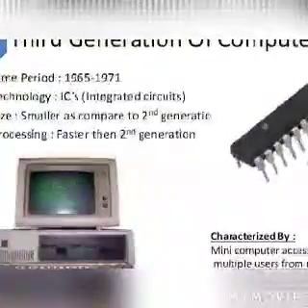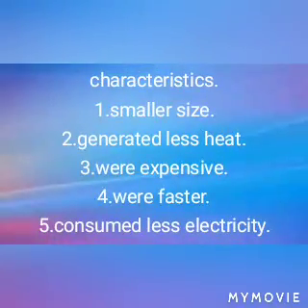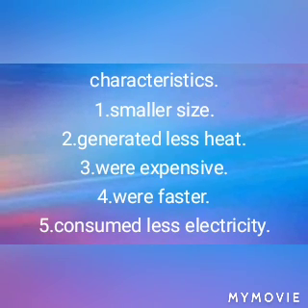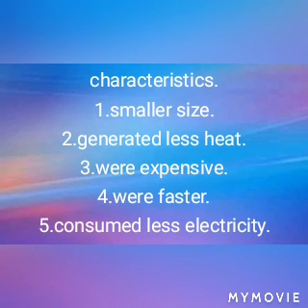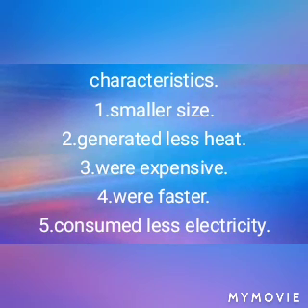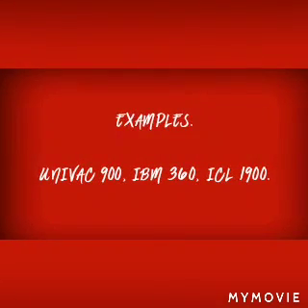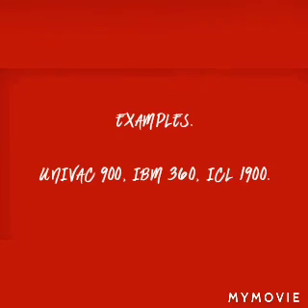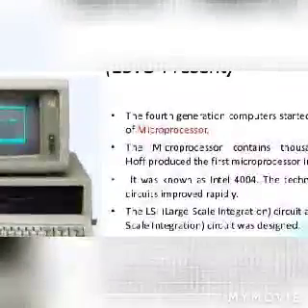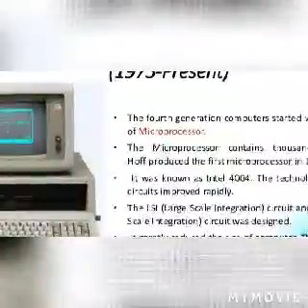Its features: it was smaller in size, generated less heat compared to the vacuum tube and transistor, was much faster, was also very expensive, and consumed less electricity. Examples of third generation computers are UNIVAC 900, IBM 360, ICL 1900. Okay, children? So first, second, third generation is already completed.